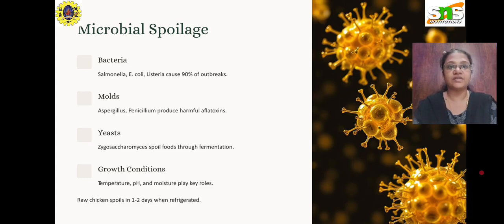Bacteria such as Salmonella, E. coli, and Listeria monocytogenes are more prone to be present in dairy related products. Those cause a reduction in the shelf life of the product, so it leads to the spoilage of the food. And mold we can see in fermented products or in the use of yeast.